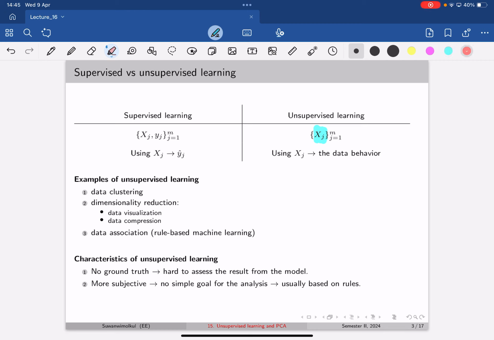which is opposed to the previous technique that we've learned before, supervised learning, that consists of the input feature and the target, right?